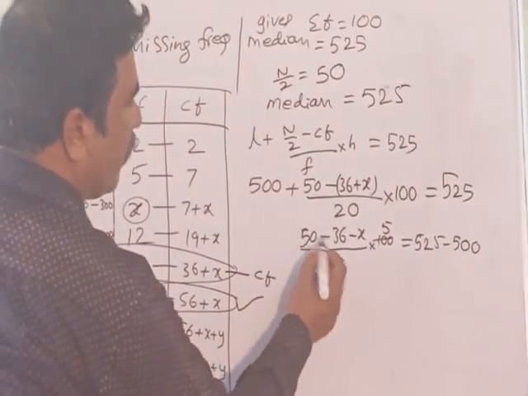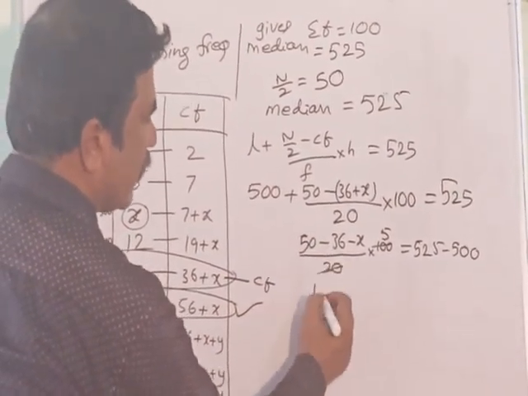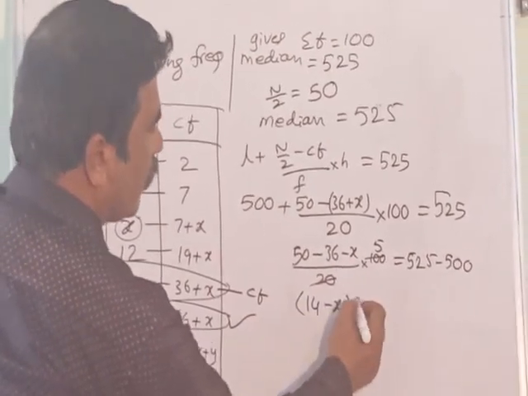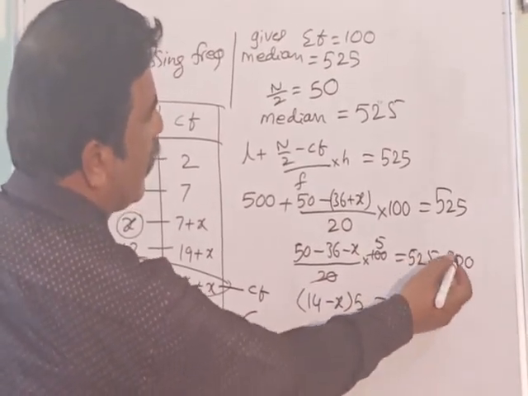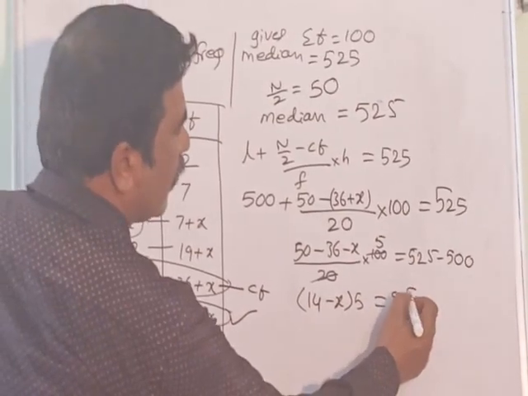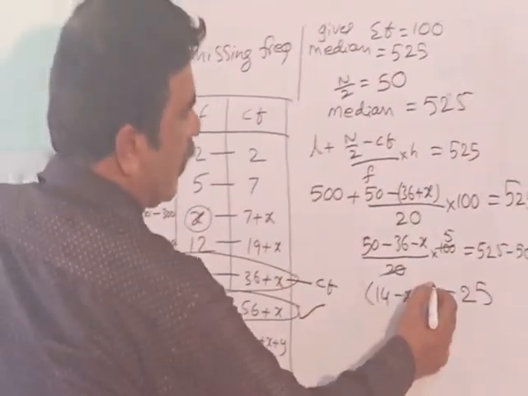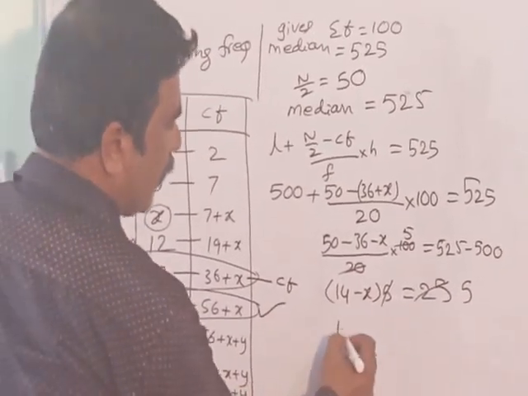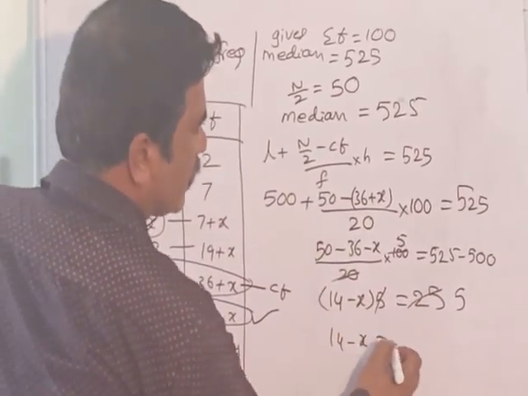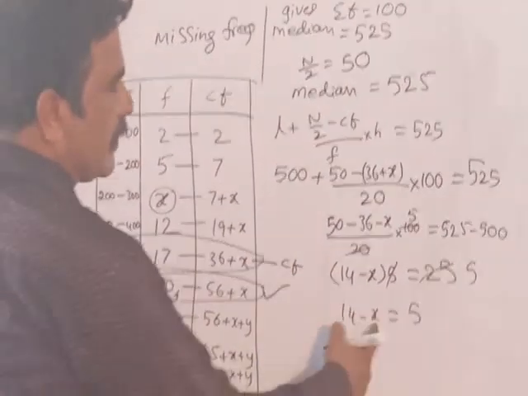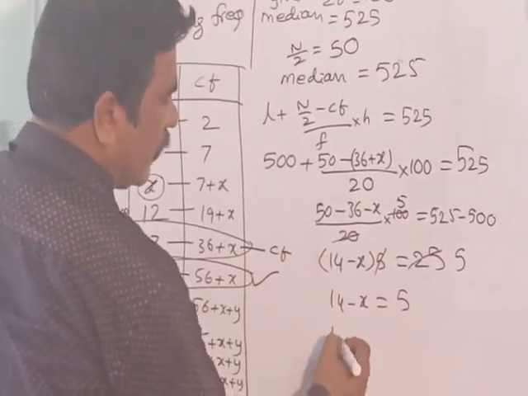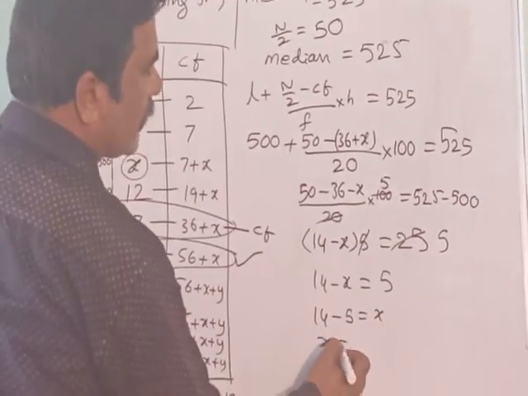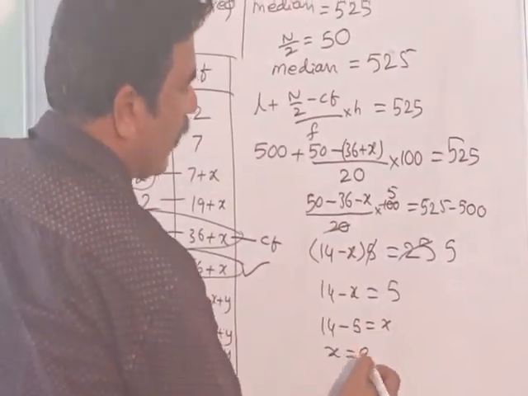Then simplify: 50 minus 36 is 14 minus x, take bracket, into 5 is equal to 525 minus 500, which is 25. Now cancel 5, 5 times. Then it becomes 14 minus x is equal to 5. Send x this side, 5 this side. 14 minus 5 is equal to x. Therefore x is equal to 9.